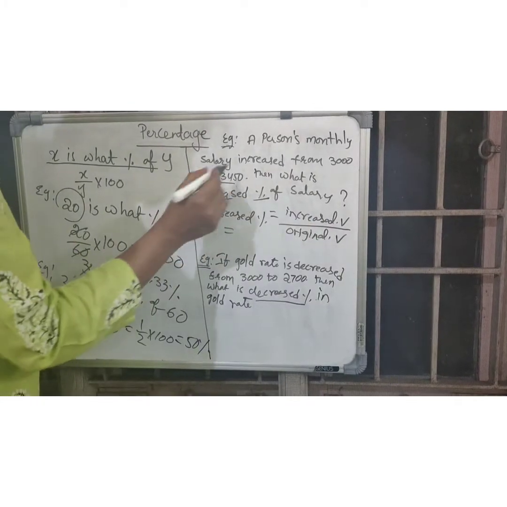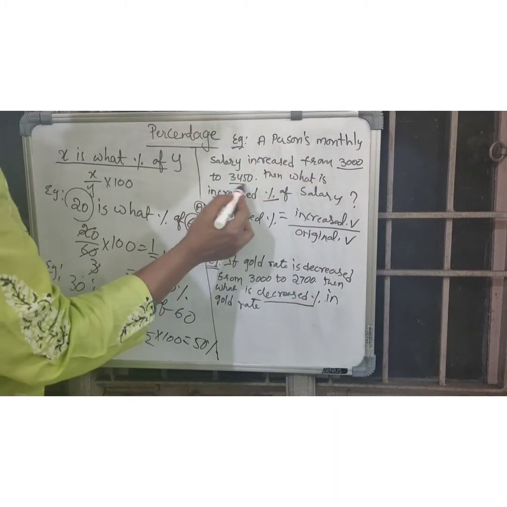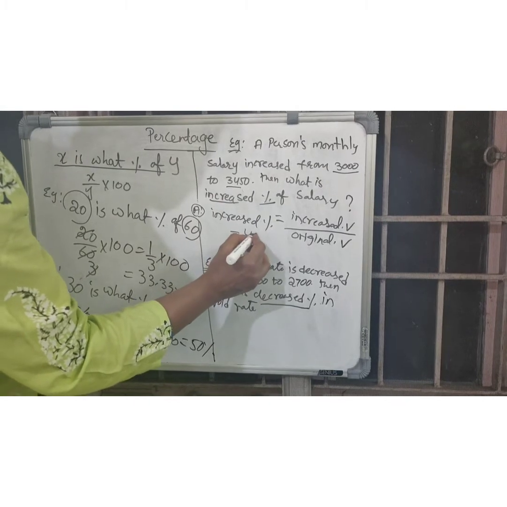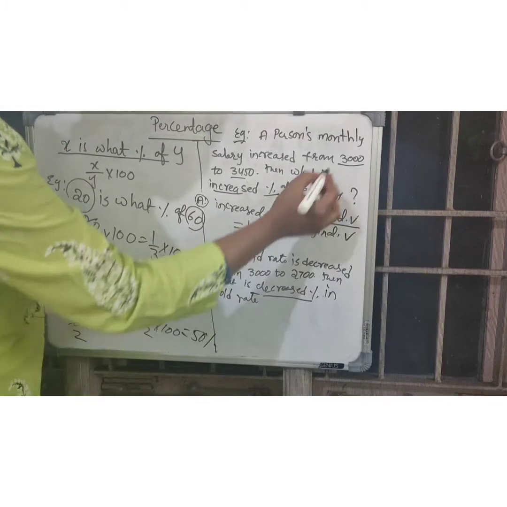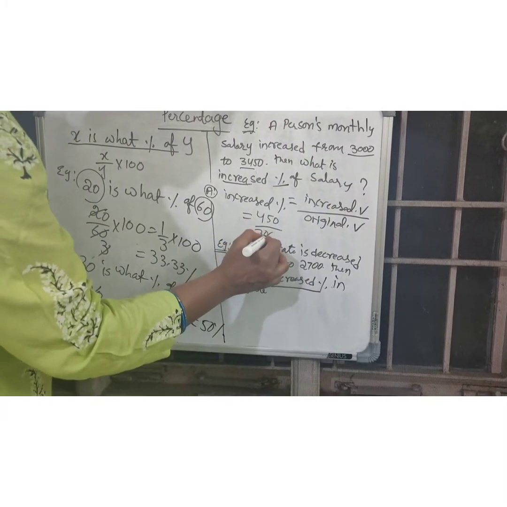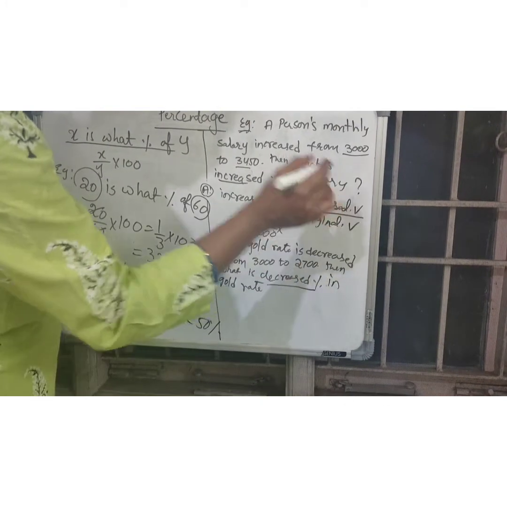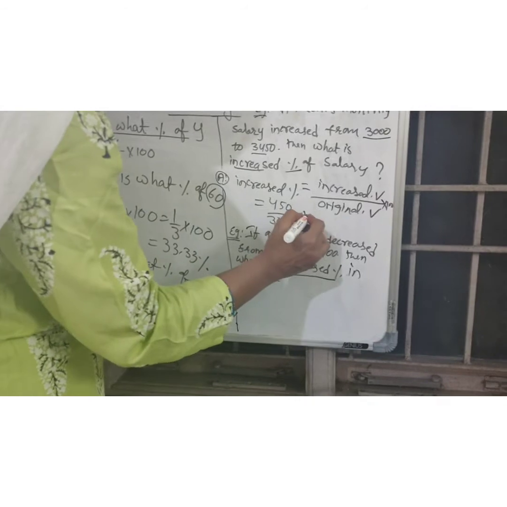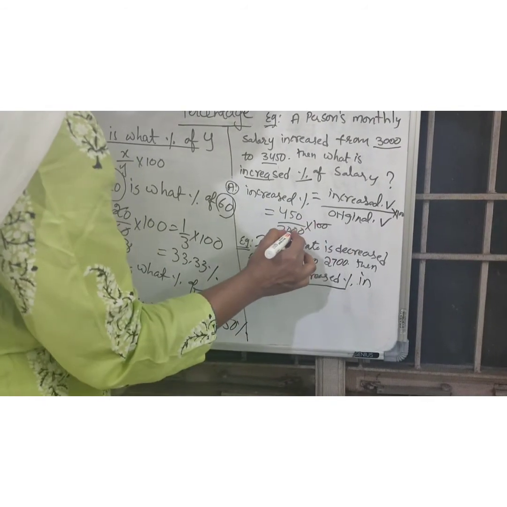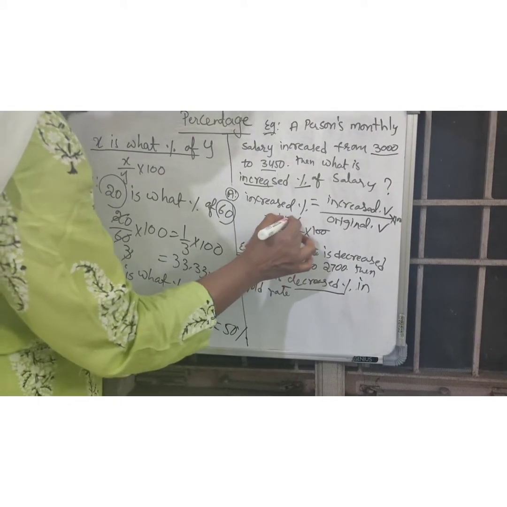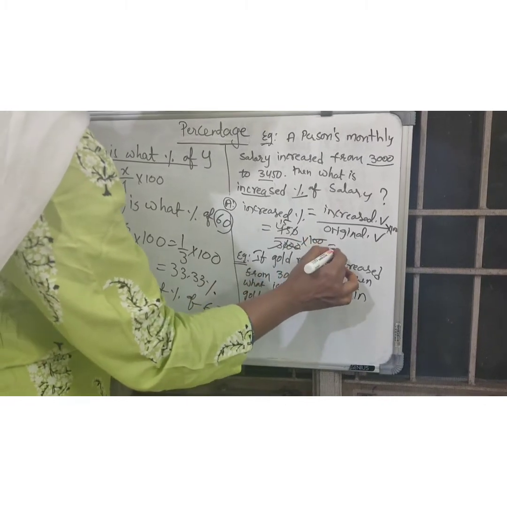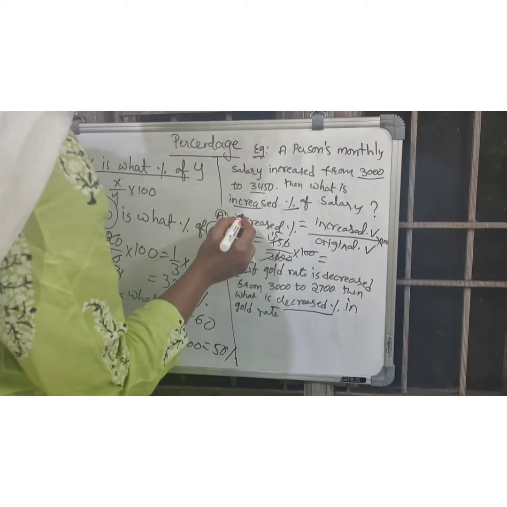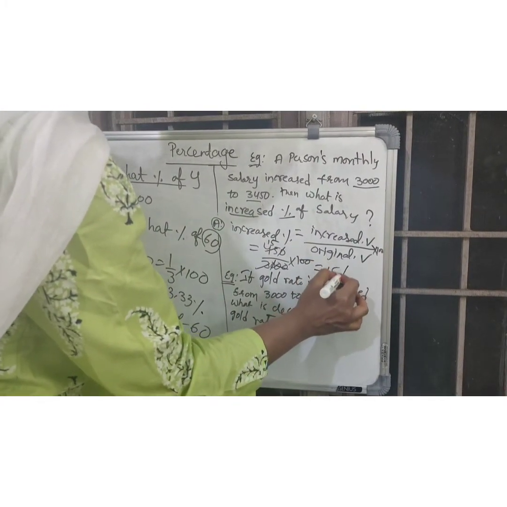What is the increment from 3,000 to 3,450? It is 450. The original value is 3,000, into 100. So what is the increased percentage?